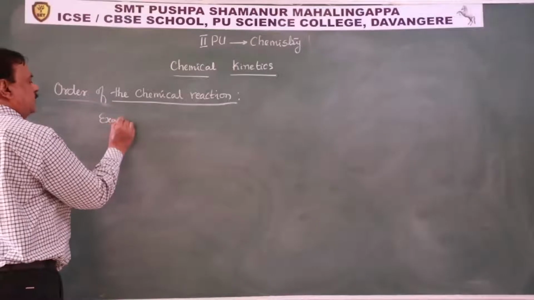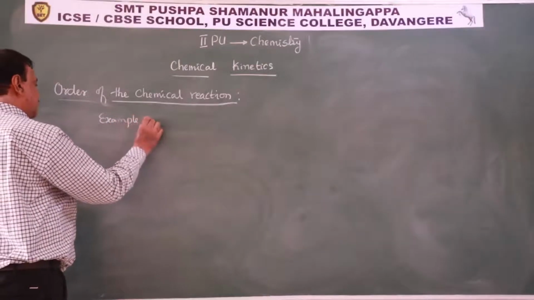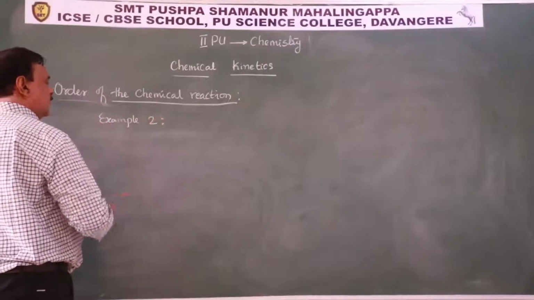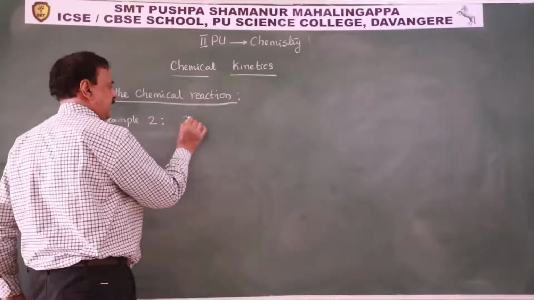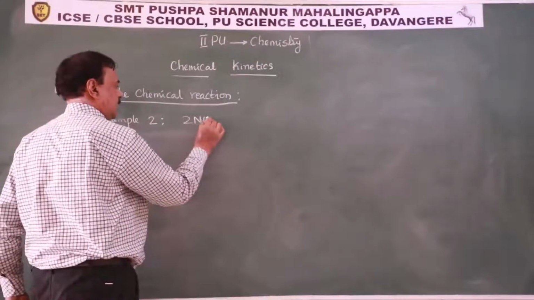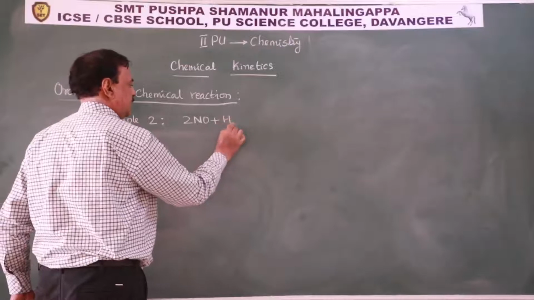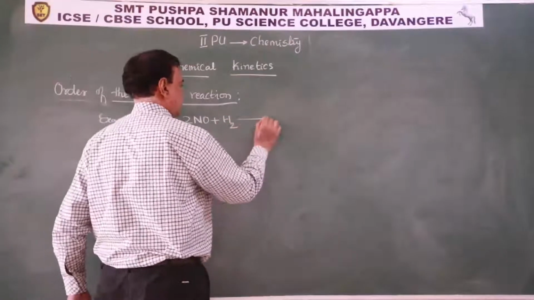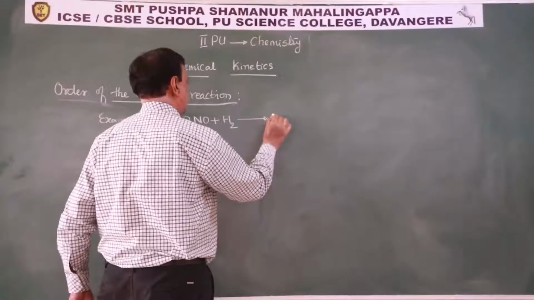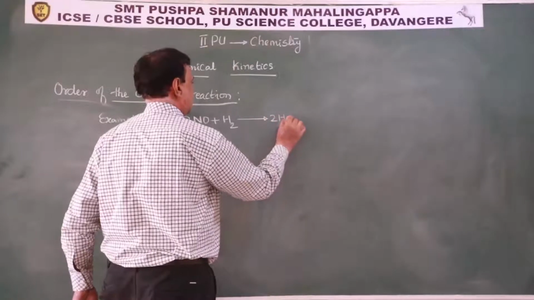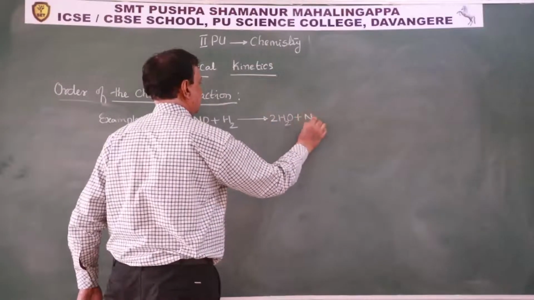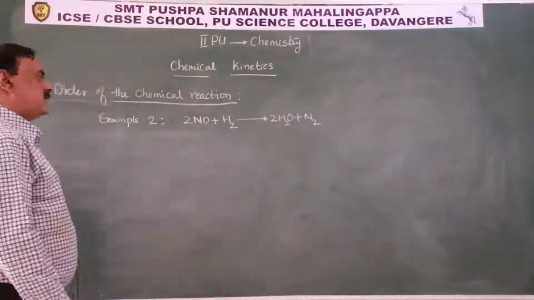Example number 2. Suppose the reduction of nitric oxide, where both are in gaseous state, gives rise to 2H2O plus N2.